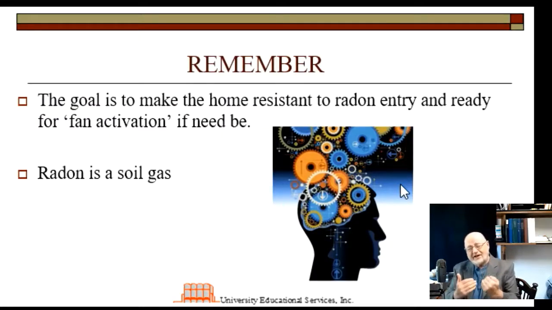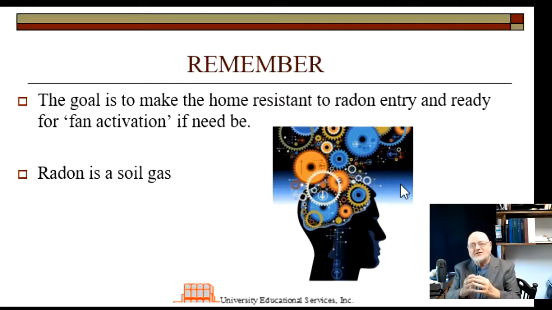And the one thing I would like you to keep in the back of your head during this video is, I say the one thing, it's 2 things. The first thing is the goal here is to make the home that you're building resistant to radon entry and ready to install a fan if a fan's going to be needed later.